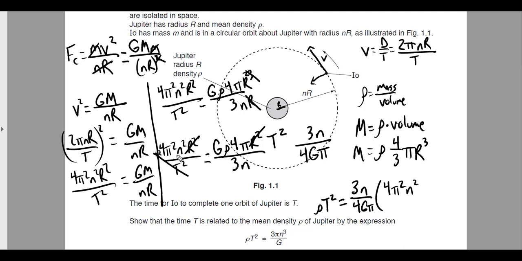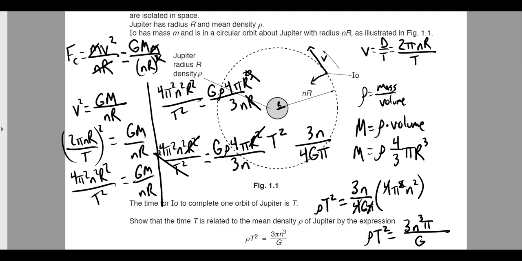I already canceled out with t squared, and the r squared is already canceled. The 4s are going to cancel. One more cancellation of pi, and then the n's combine to become n cubed. And so we get our final expression, rho t squared equal to 3n cubed times the pi divided by G.